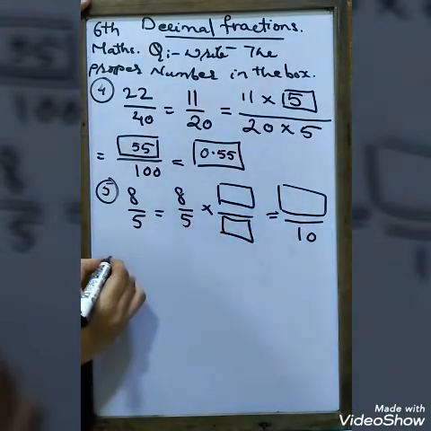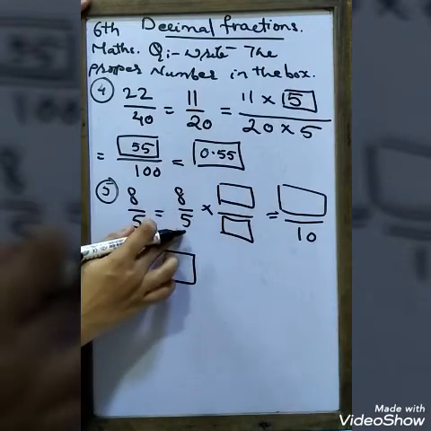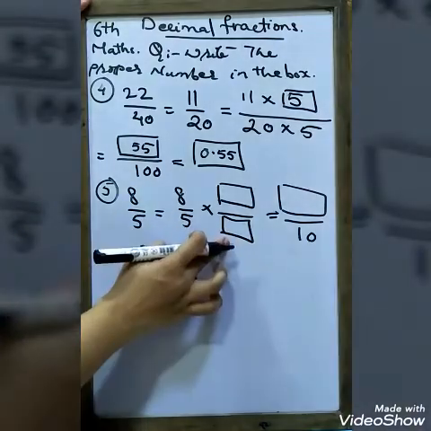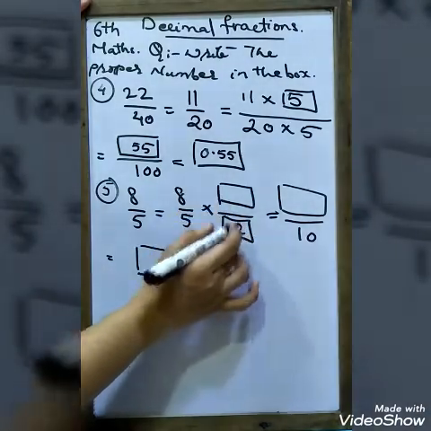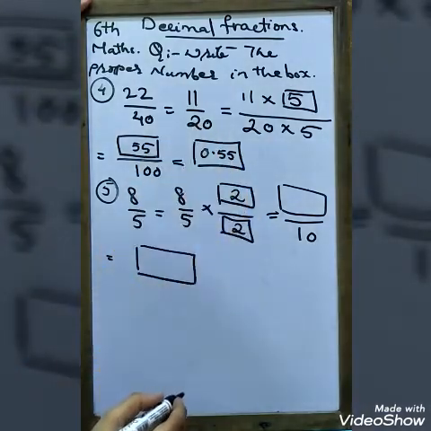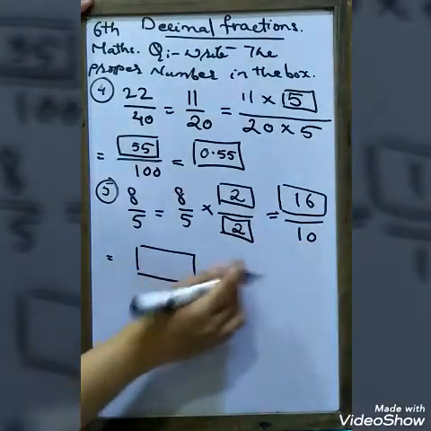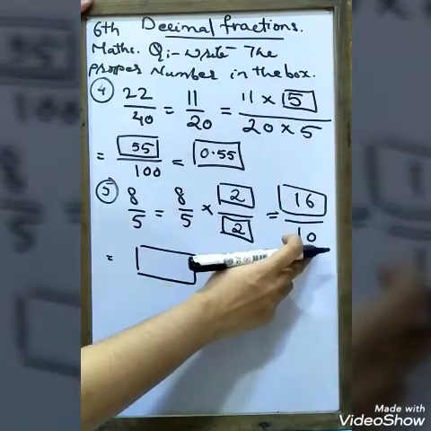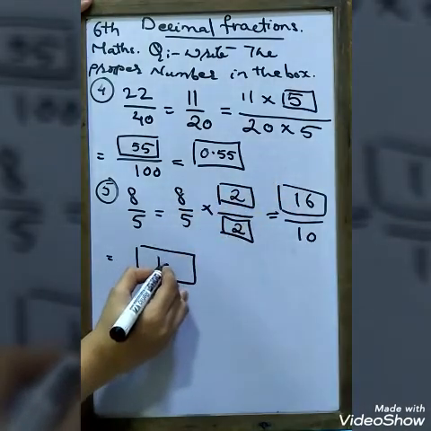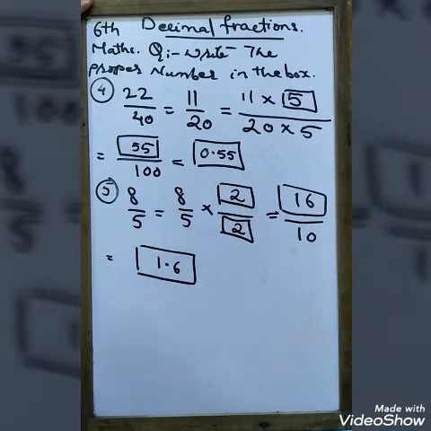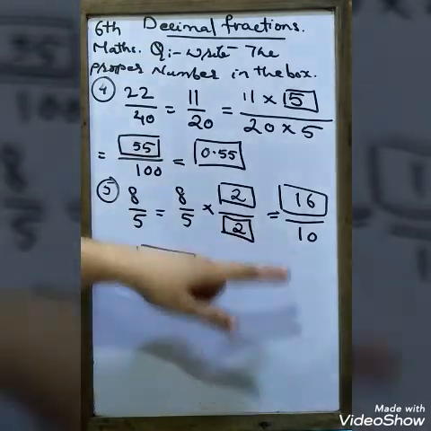Now if 10 is given, definitely the 2 should come. If 2 is coming in the denominator, it will come in the numerator also. So 8 2s are 16, 16 upon 10. So after the one digit we are going to put the decimal. So the answer will be 1.6 for the question. Now we have completed this question. We are moving further with the next one.